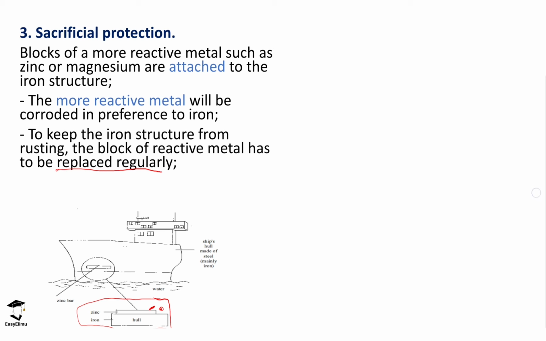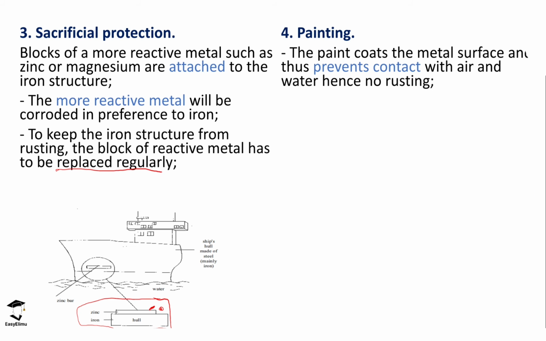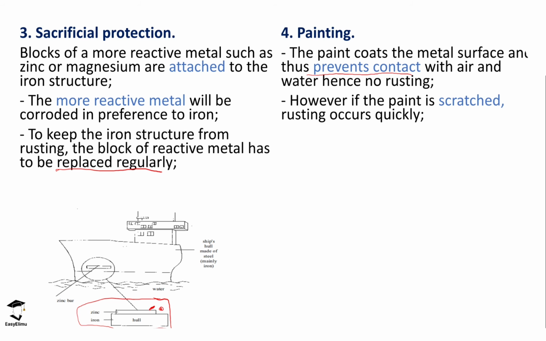And next, we are going to look at painting, another method of preventing rusting. For painting, the metal surface is covered by paint. These paints usually prevent the iron from having contact with air and water. If the paint is scratched, rusting will definitely occur.